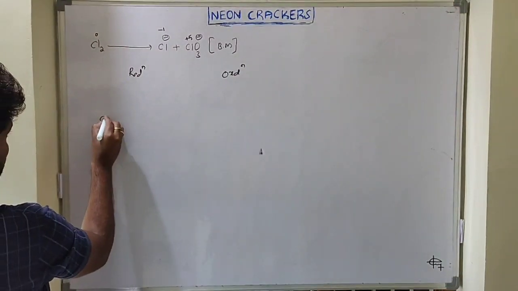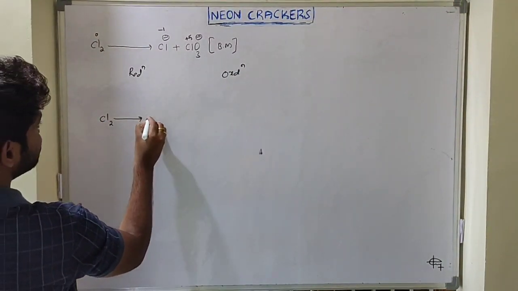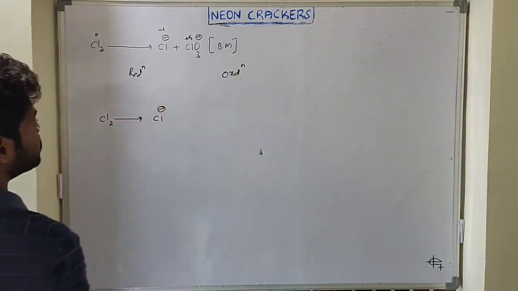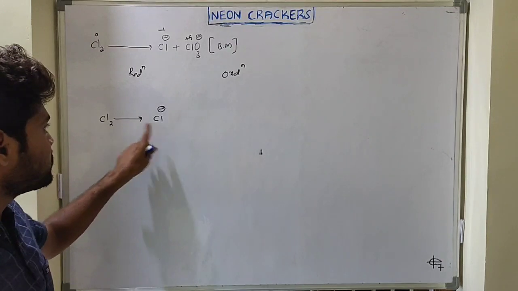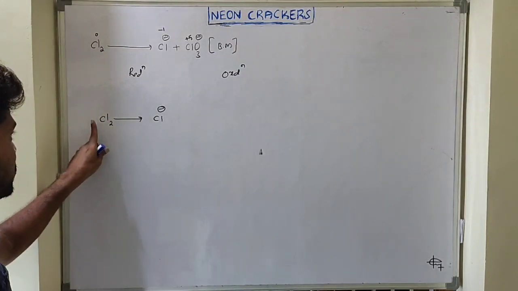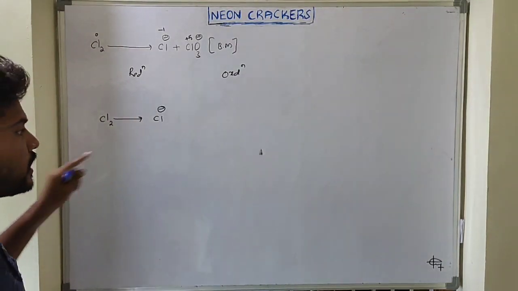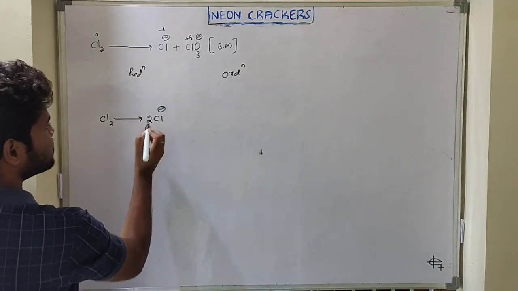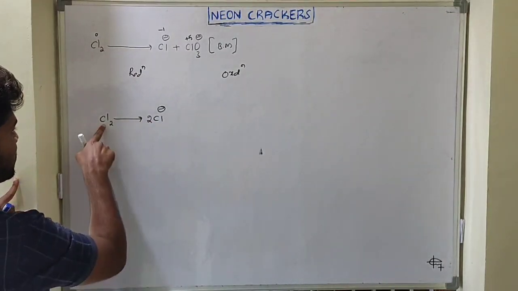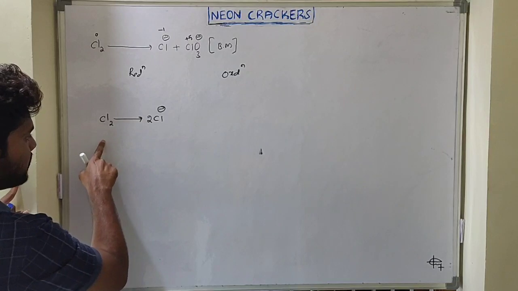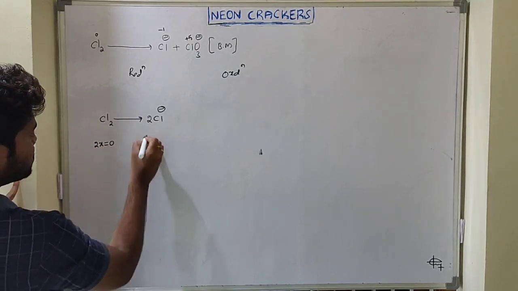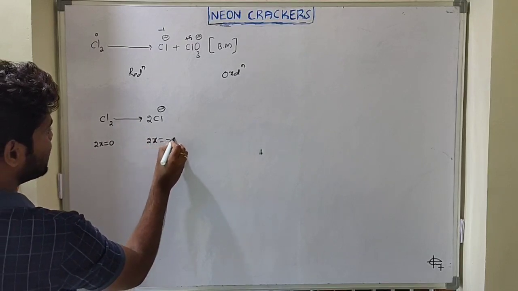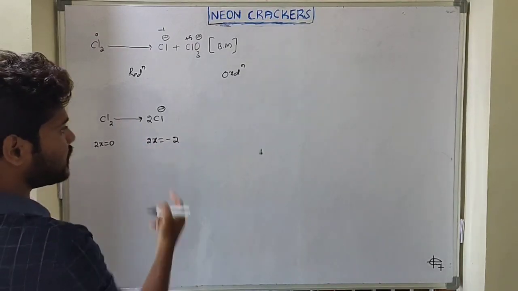The reduction reaction is what? Cl2 to Cl minus. Second point: balance the number of atoms whose oxidation number is changed. Here 2 chlorine atoms, here only 1 chlorine atom. That's why we have to balance the number of atoms, so 2 and 2, then 2x equals 0 here, and 2x equals -2 on the other side. 0 to -2, what happened?